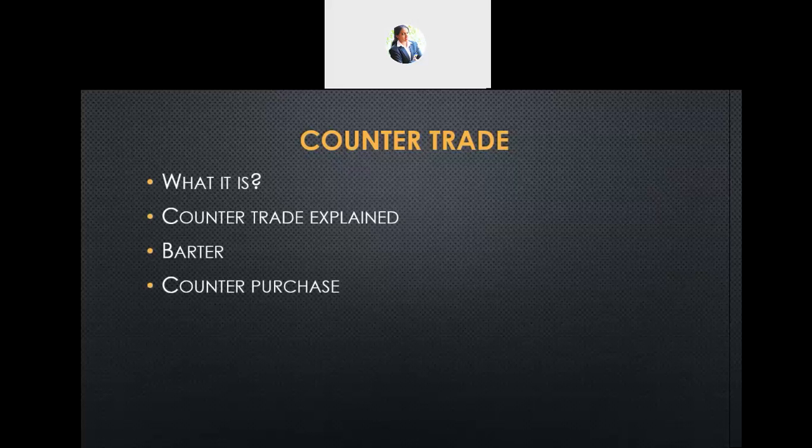The next one is the offset agreement. Under an offset agreement, the seller usually assists in marketing the products which are manufactured by the buying country, or allows part of the exported products' assembly to be carried out by the manufacturers in the buying country.